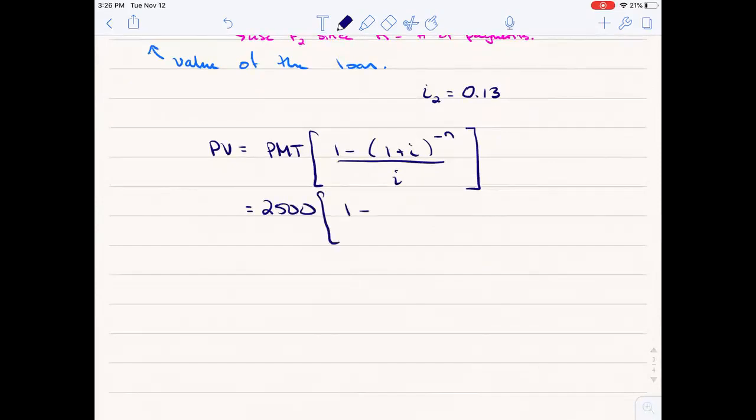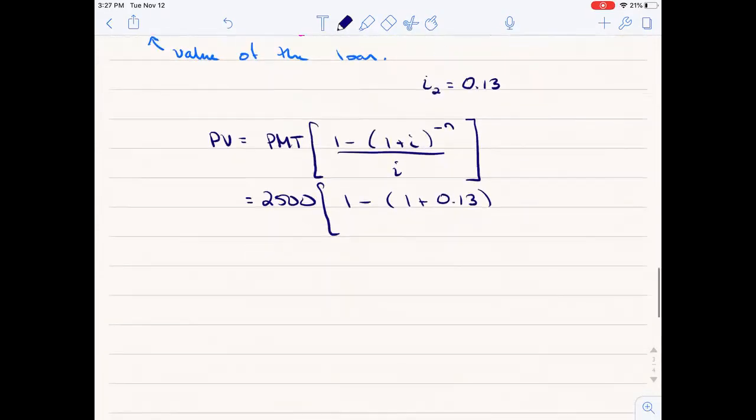So 2,500 times 1 minus 1 plus 0.13 to the negative n, where n is 12, and then over I, which is 0.13.